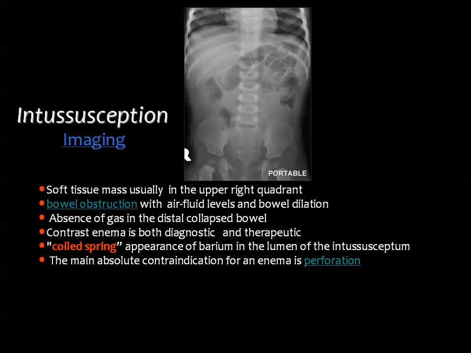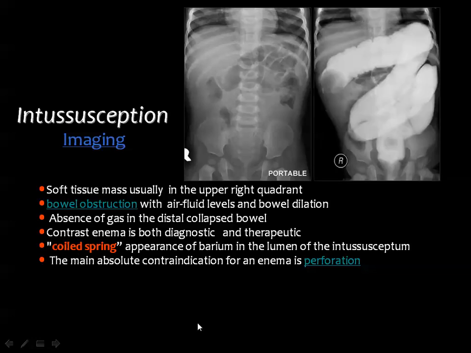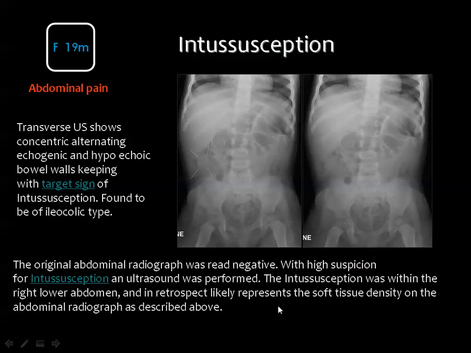And many times, if you inject barium, it's easy to diagnose this by this particular sign, which is known as the coiled spring appearance. And here, after introduction of barium in the colon, you see the site of the intussusception, and you see some whirly-like appearance, which is an indication of intussusception.